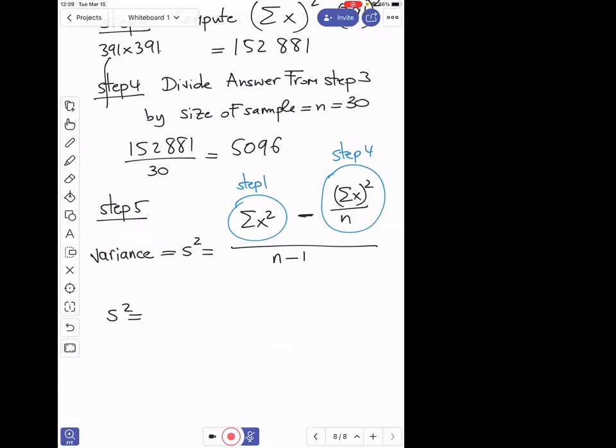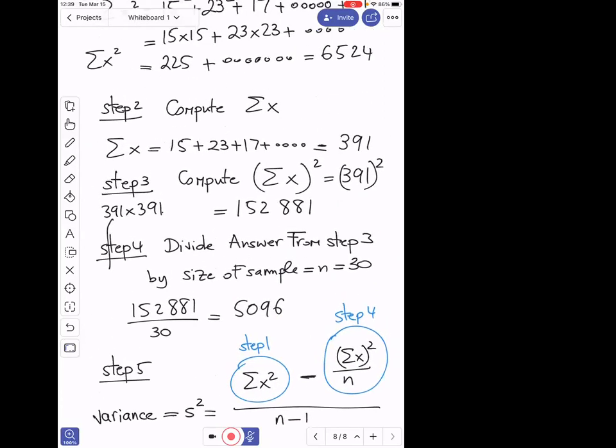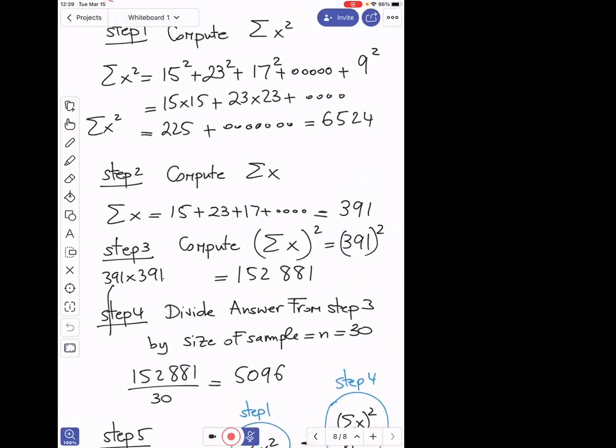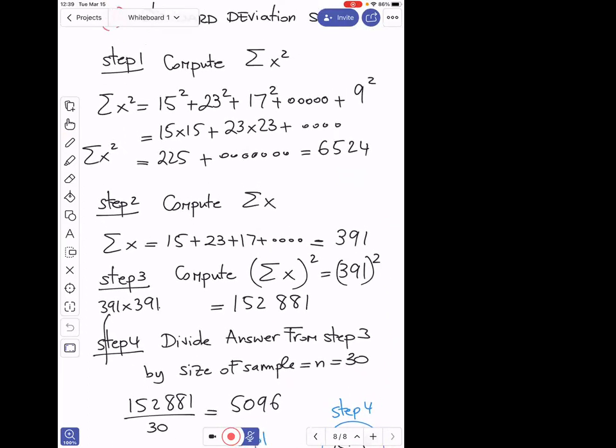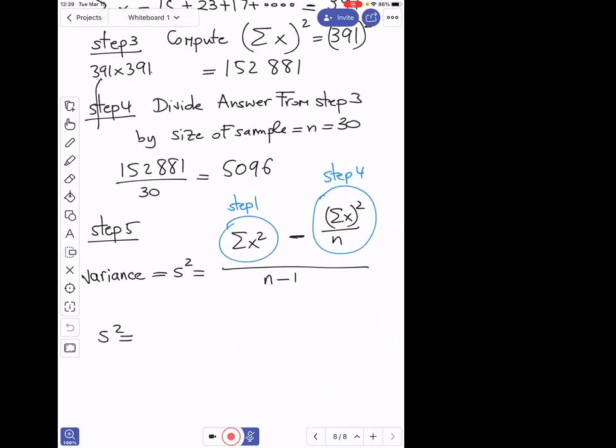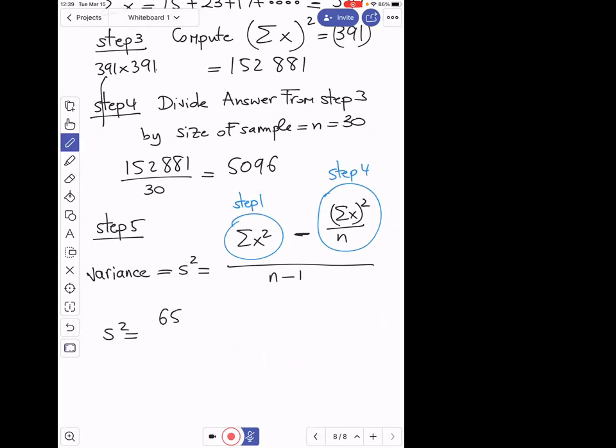From step 1, I think the answer is, where is step 1? It's 6,524. 6,524 minus the answer from step 4. Where's the answer from step 4? Yeah, right here. It's 5,096, and divide by 30 minus 1, so it's 29.